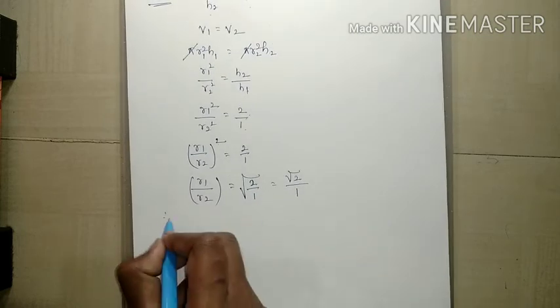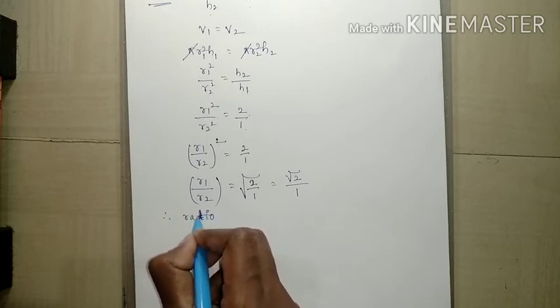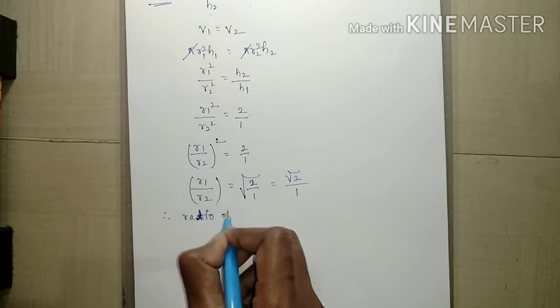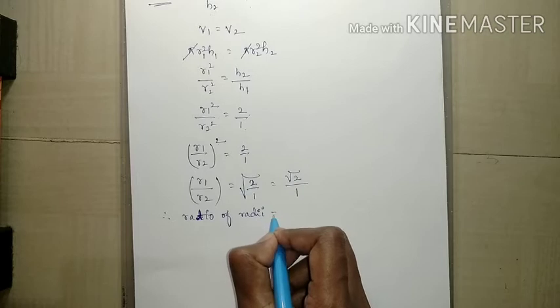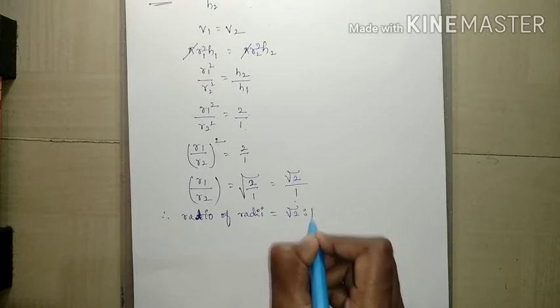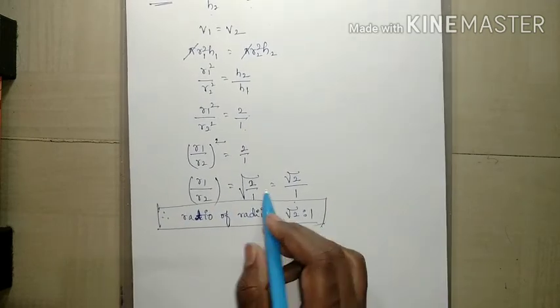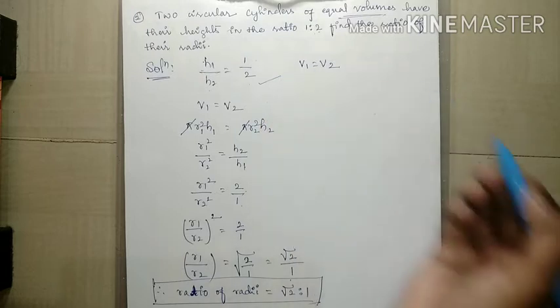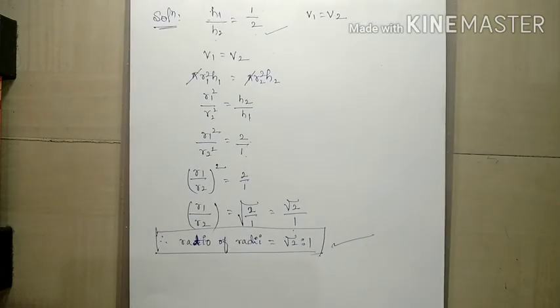So therefore the ratio of radii equal to root 2 is to 1. This is the ratio of the radii. They gave the ratio of the heights, and now we got the ratio of the radii.